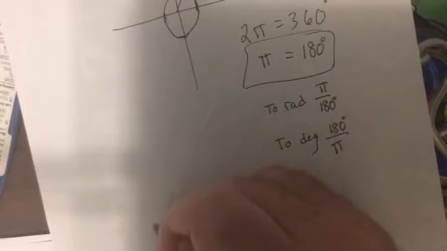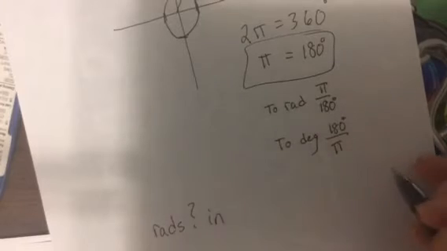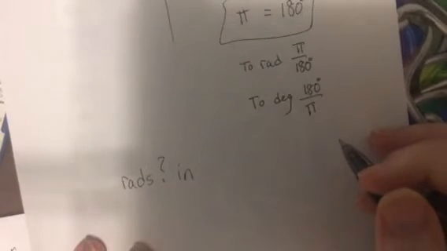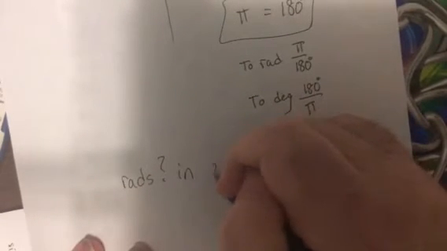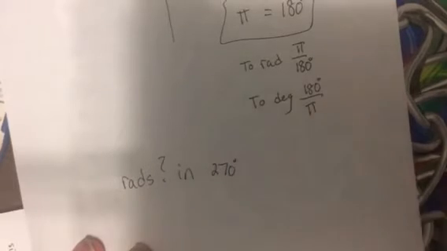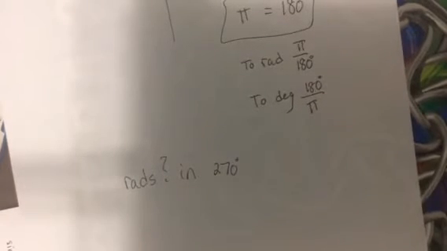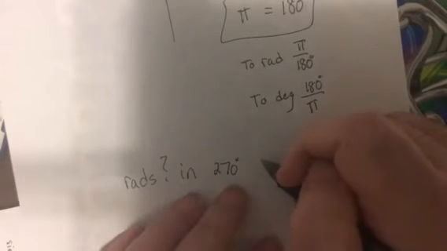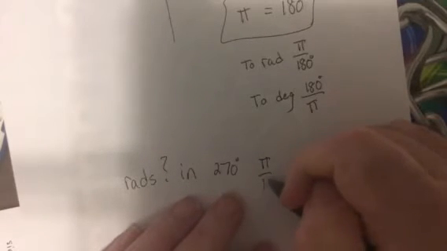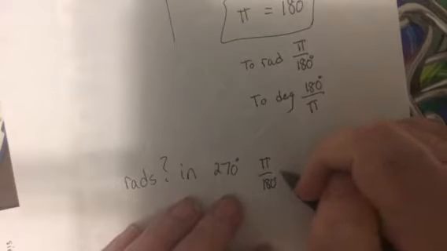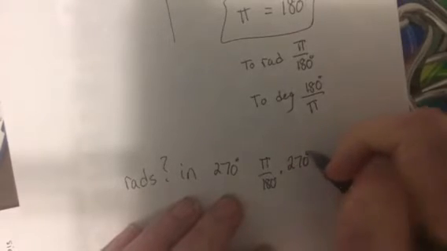So let's say I ask how many radians in 270. You would go pi over 180 times 270.